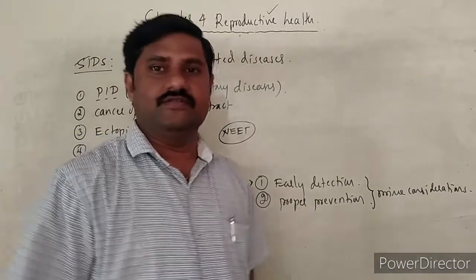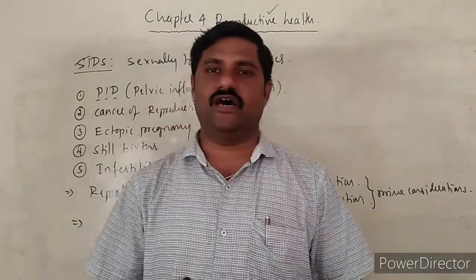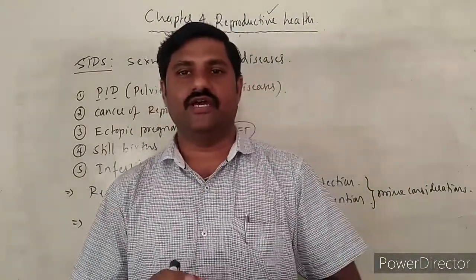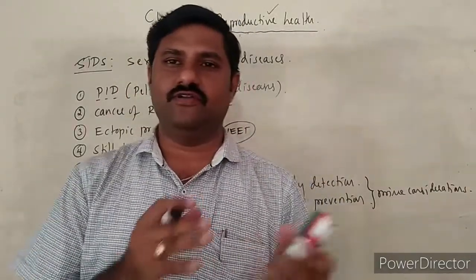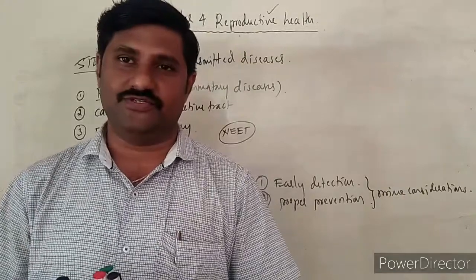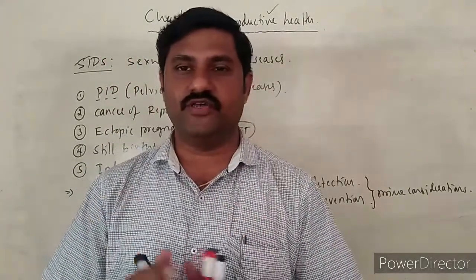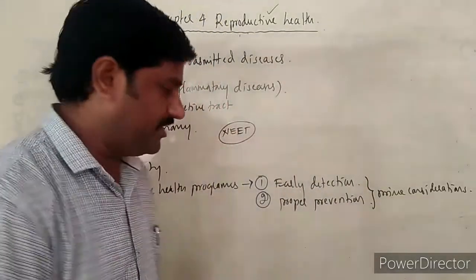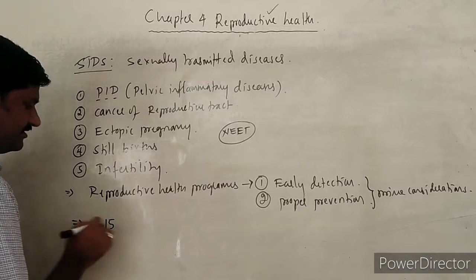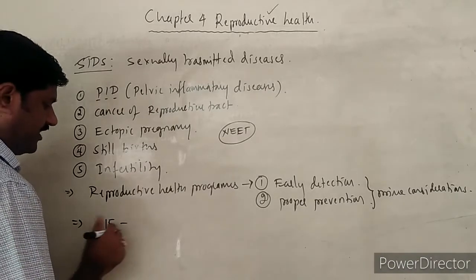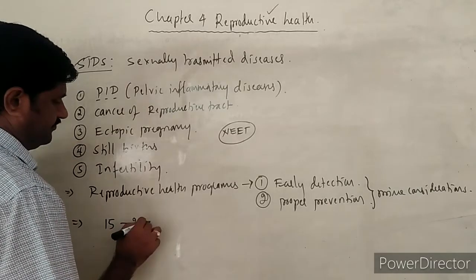And the next one, these diseases to which many aged persons are vulnerable, right? These diseases can occur in persons of different ages, of course, but as per many of the reports received, it has been identified that these diseases mostly spread in the age group from 15 to 24.